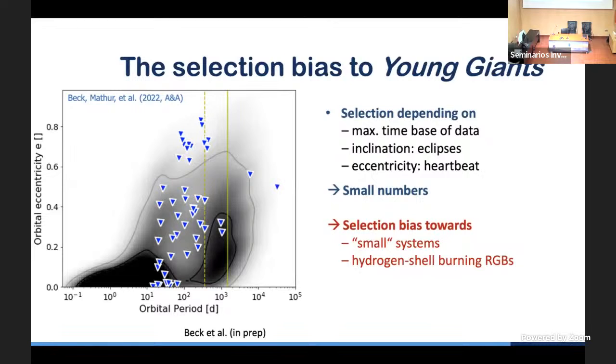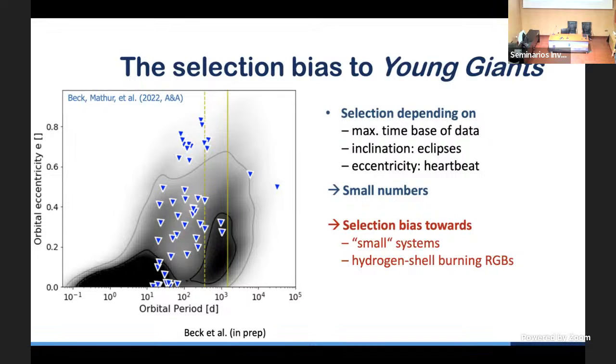First, this was the sample until 2021. We had in total 50 binary systems. Now, what was the problem? We searched for signatures of binarity in the light curve.